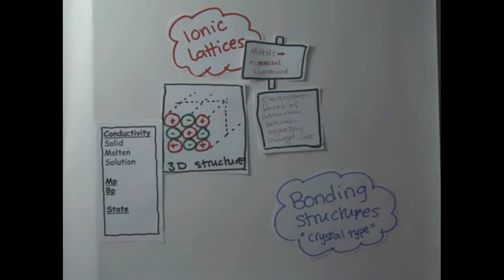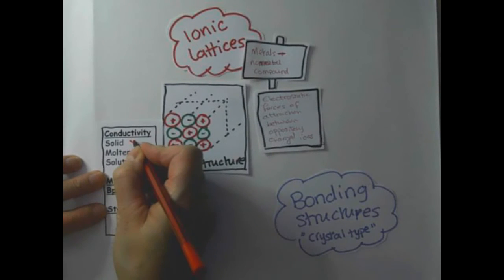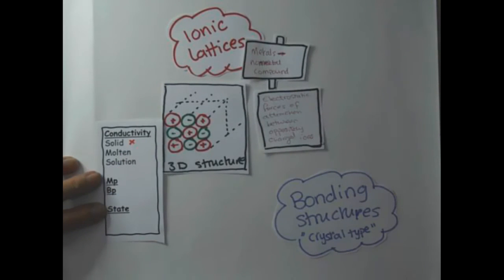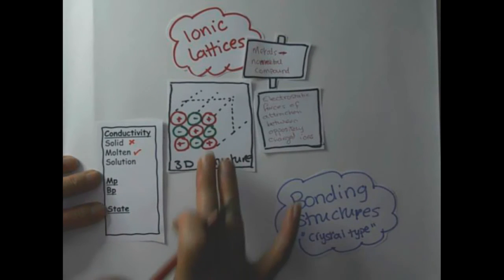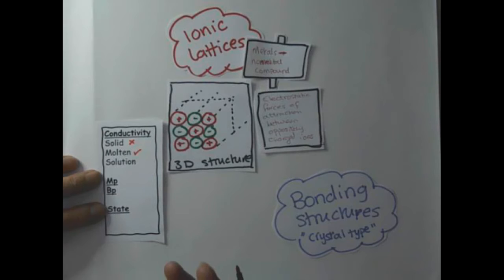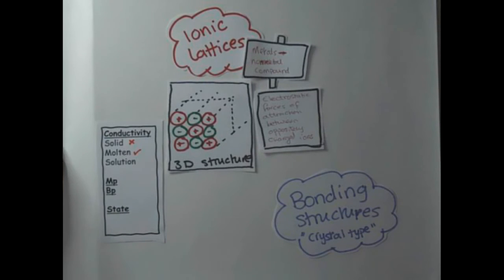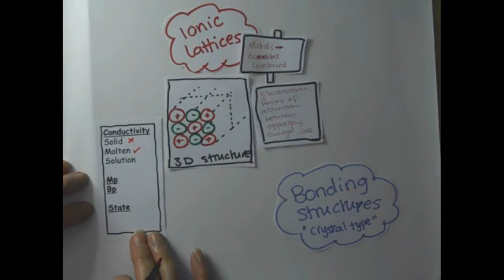Do ionic lattices conduct electricity? Well, not as a solid, but when you melt them and they become molten, then yes, they do, because those ions become free to move, just like in a metallic lattice. And because they're free to move, they will conduct a charge, and so we will get conduction of electricity.